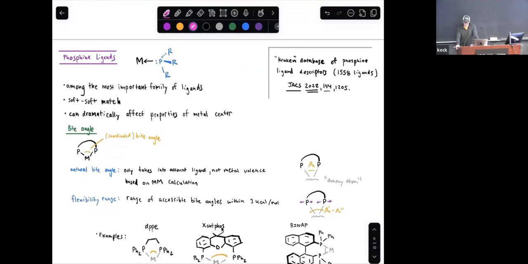Okay, we'll talk about ligands, and we'll do this quick since we introduced some of these concepts before. So what are the ligands that we care about in terms of ligands that can affect the reactions that we're working on? Most commonly, these are phosphines, or in the past 20 years, N-heterocyclic carbenes for specific reactions that are generally more niche.